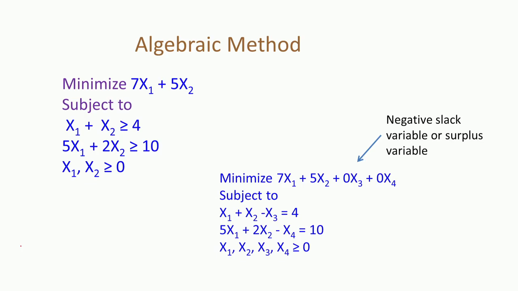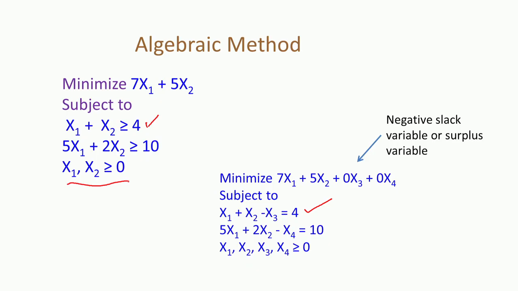Now, this constraint x1 plus x2 greater than or equal to 4 is now written as x1 plus x2 minus x3 equal to 4. Now, x1 and x2 are greater than or equal to 0 and we want x1 plus x2 to be either equal to 4 or more than 4.